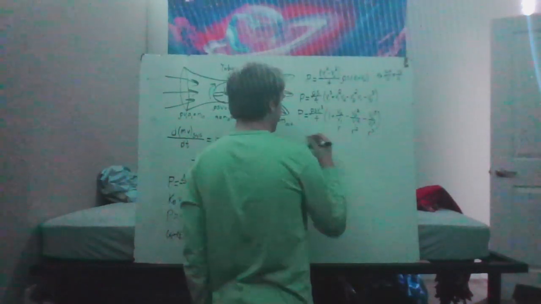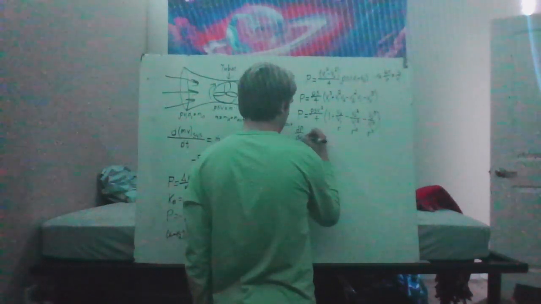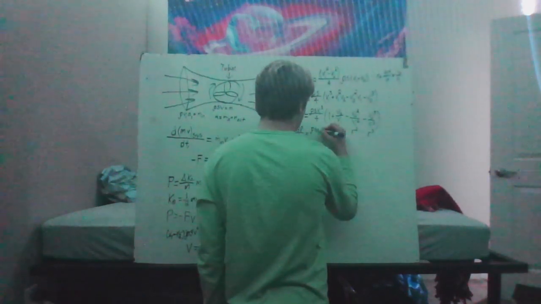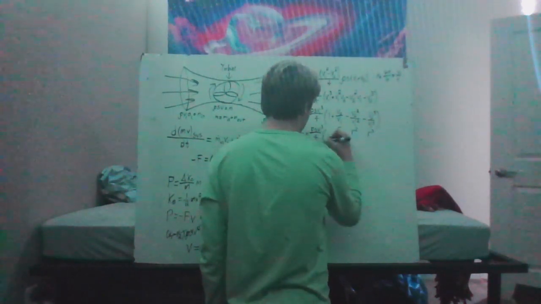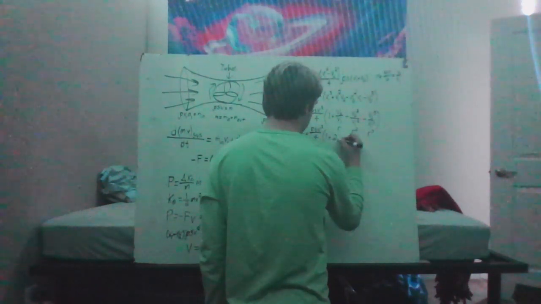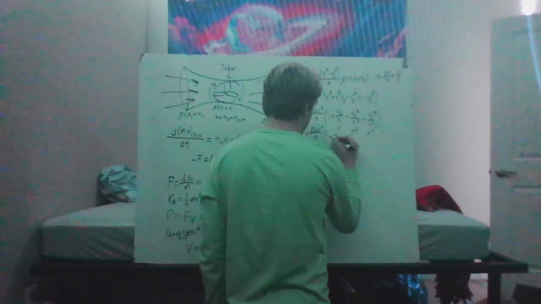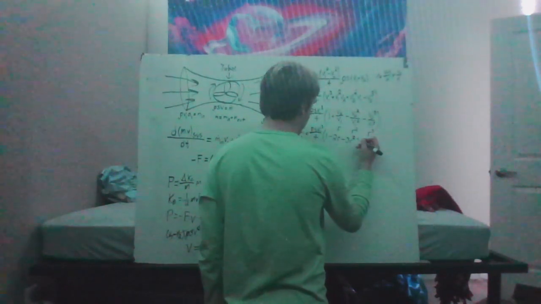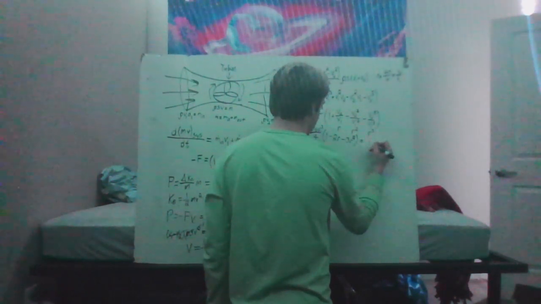So we can put that in here as this would just be r, this would be r squared, and this would be r to the third. And then we can take the derivative of this with respect to r and set it equal to 0. If we do that, we will get 1 plus 2r, or 1 minus 2r minus 3r squared, and then set that equal to 0.